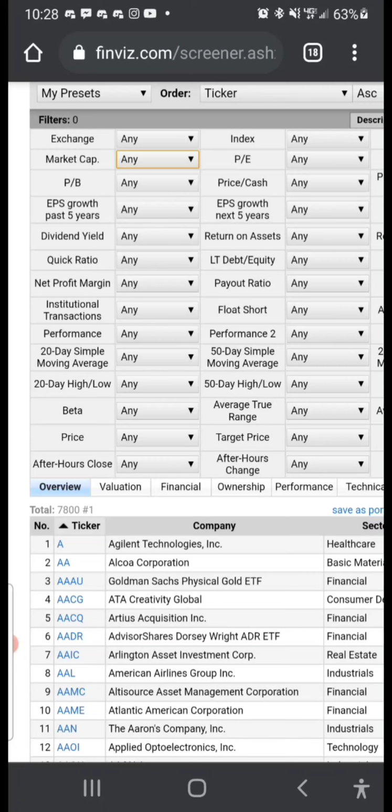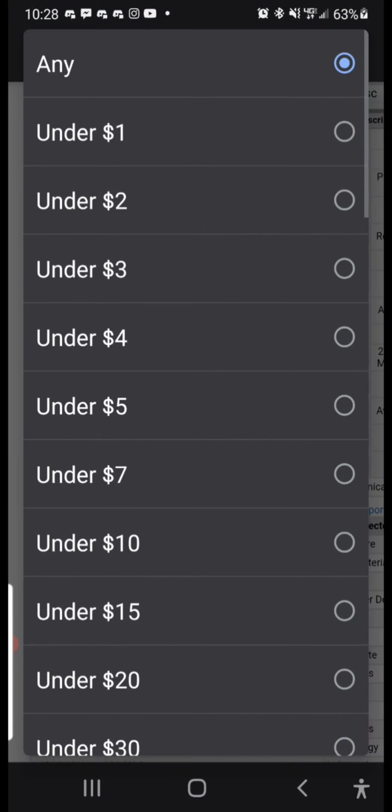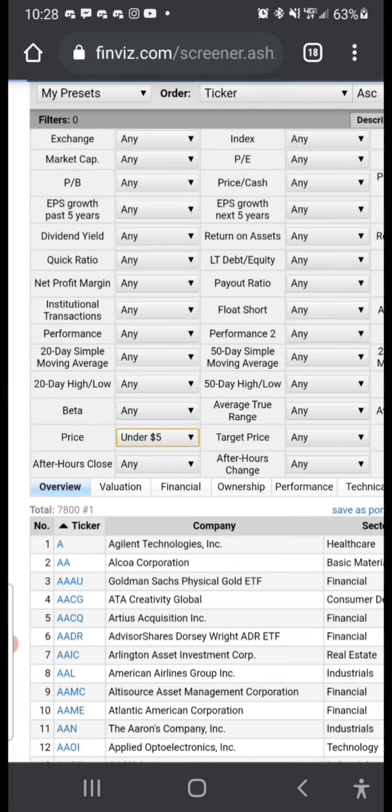I'm just gonna go with any, because the market cap doesn't necessarily mean anything for me per se. I like to stay near lower price stocks. One, because they're more volatile. Two, they're more affordable. And they usually have some crazy parties. I'm gonna say under 5.